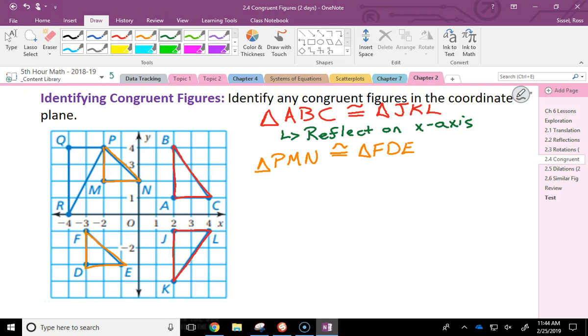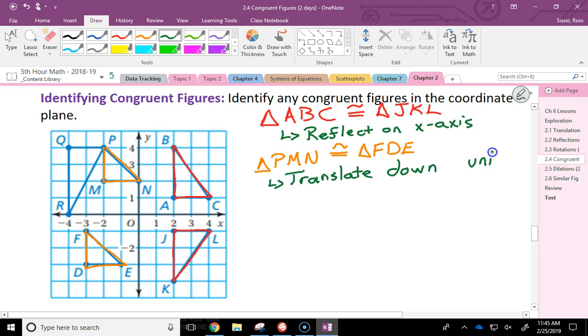Okay, slide. And instead of sliding, we call that translate. Now where did I slide? Which direction was I sliding? Down. So translate down. How many units down? If I start here at N, how far do I have to go down?